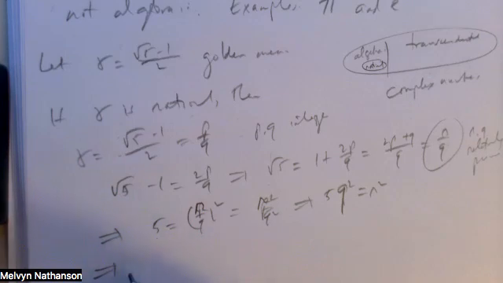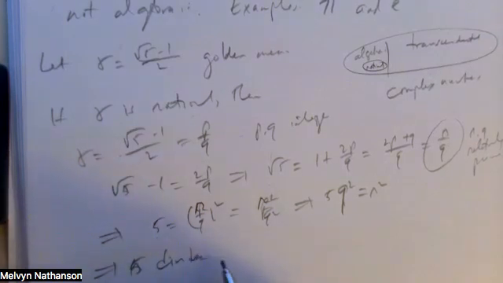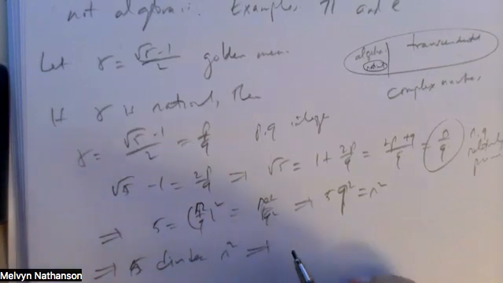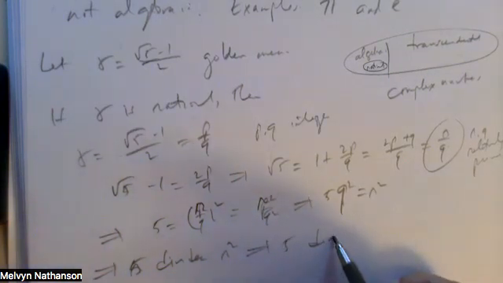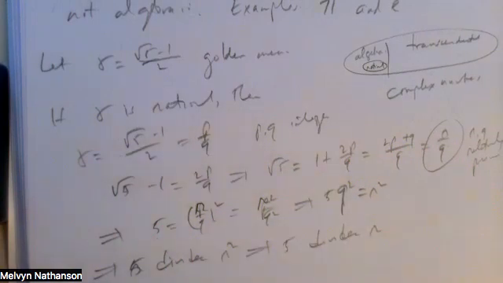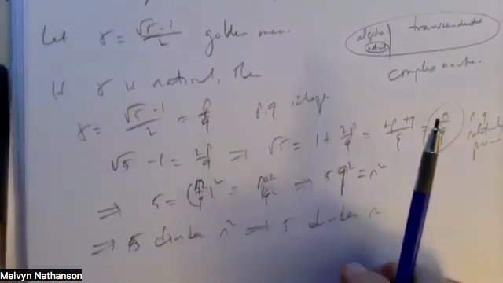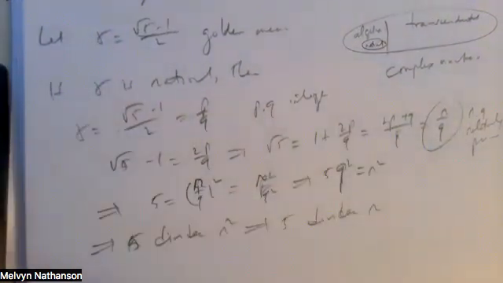So this means 5 divides r squared, which means 5 has to divide r. If 5 doesn't divide r, it doesn't divide r squared, because every number can be written as a product of primes.